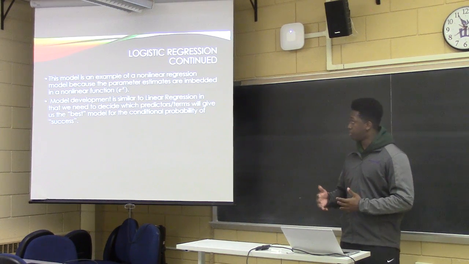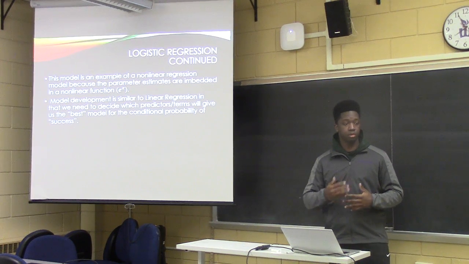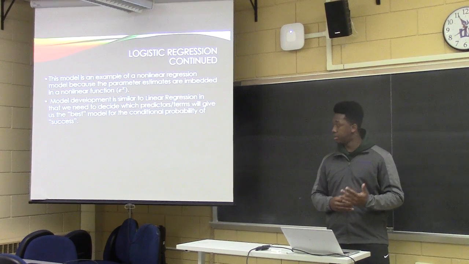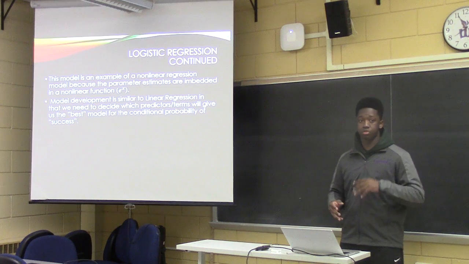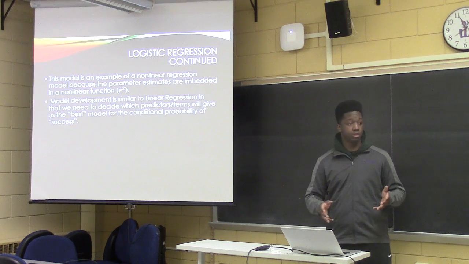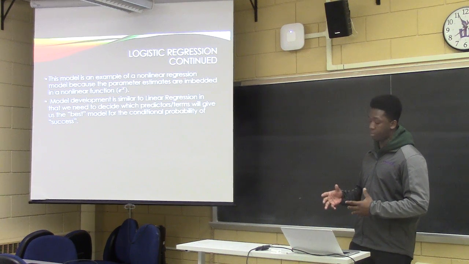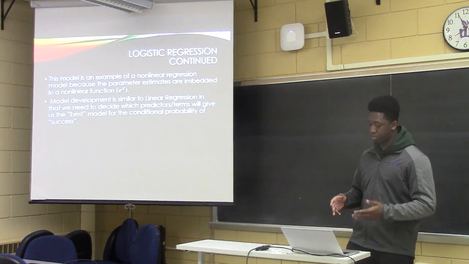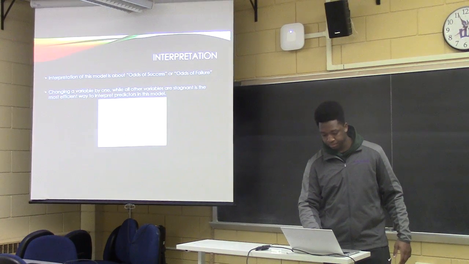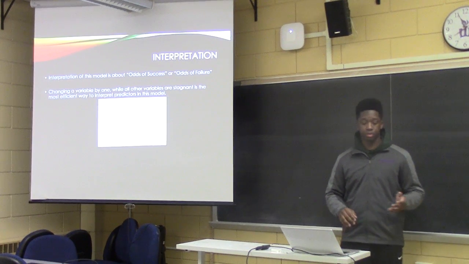You pick the best model, looking at whether you need to log some variables, transformations, things of that nature. The only difference is that your response will be between 0 and 1.